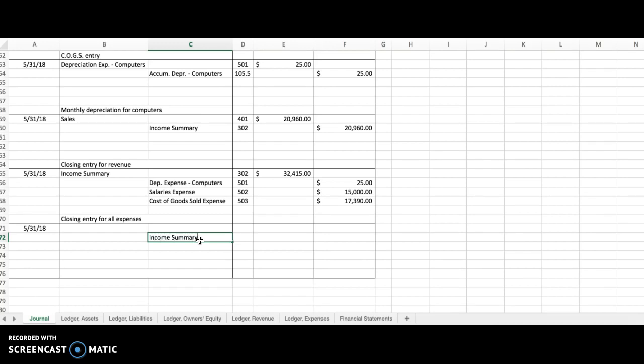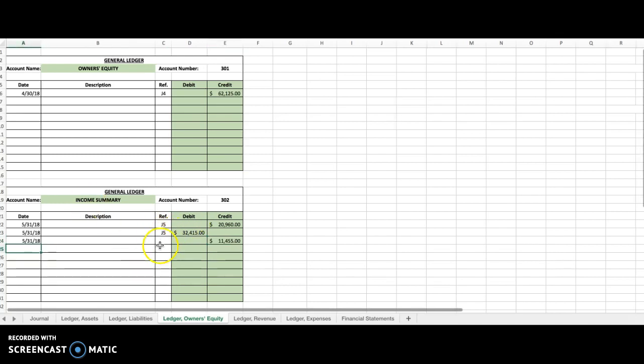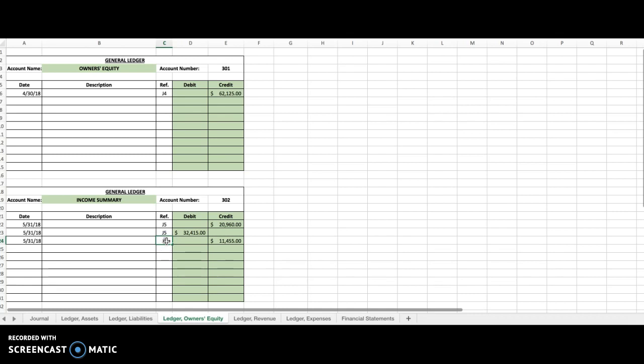Income summary has to be credited this time by $11,455. And if we go to that account and we credit by $11,455, put our J5 in here, or journal page 5, we have two credits that will add up to $32,415. So this has the same amount on both sides, so income summary is now closed.